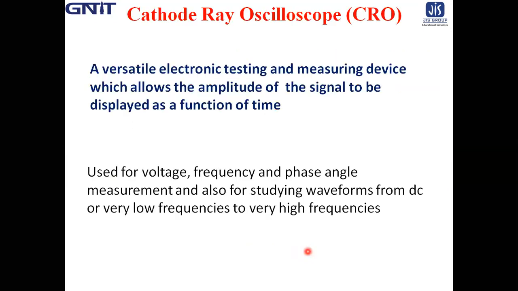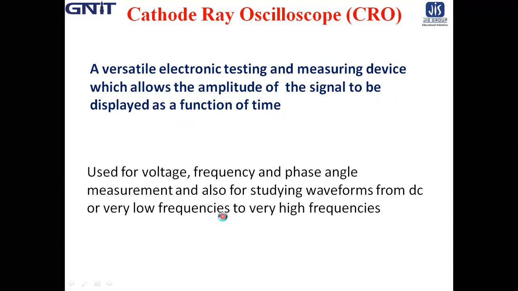What is CRO or cathode ray oscilloscope? Cathode ray oscilloscope, abbreviated as CRO, is a versatile electronic testing and measuring device which allows the amplitude of the signal to be displayed as a function of time.